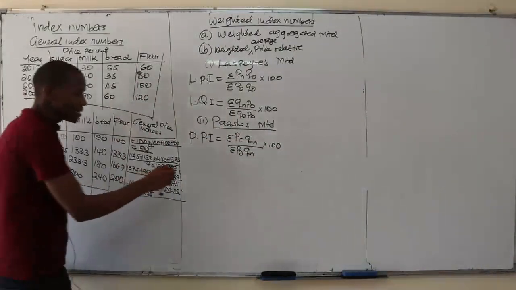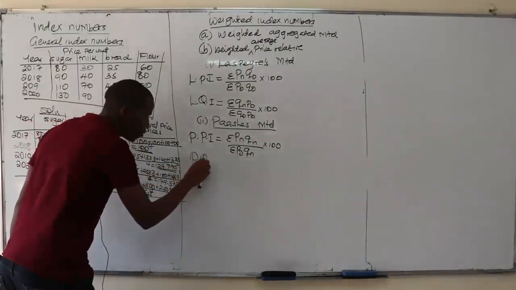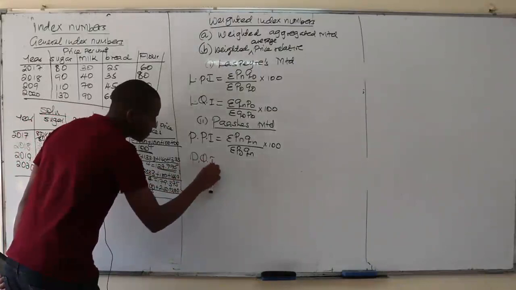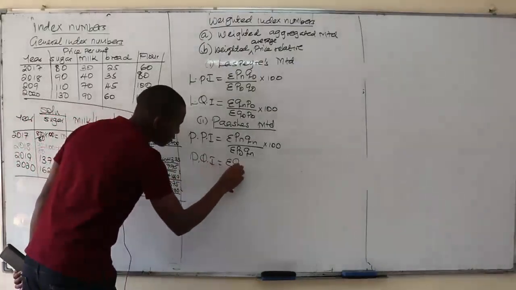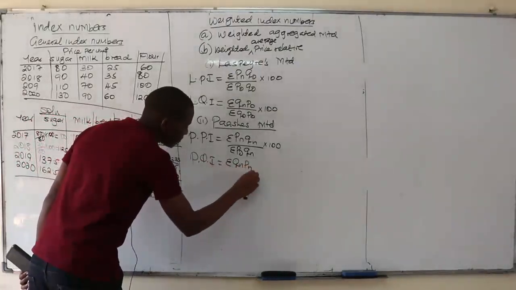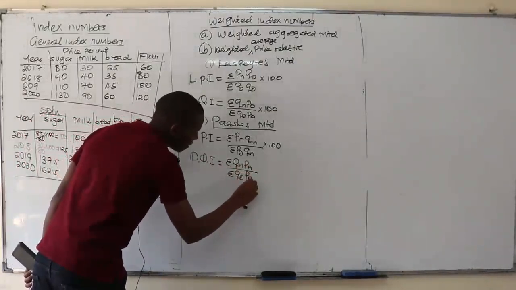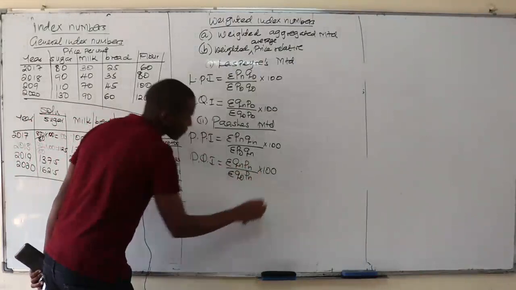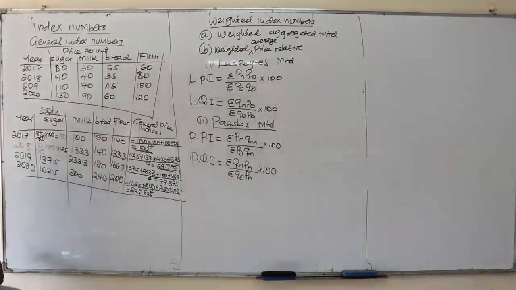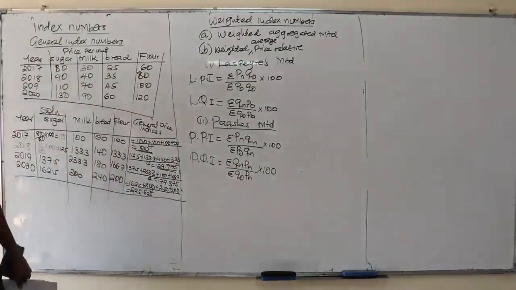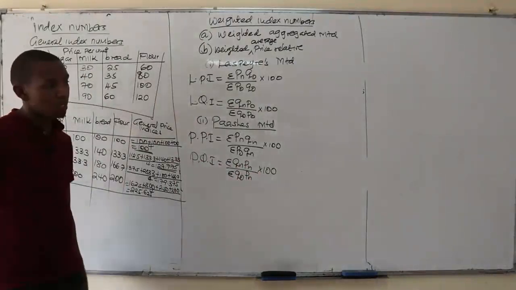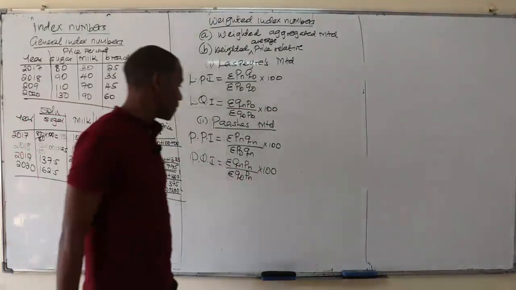Then if they ask you about the Paasche quantity index, it will be the summation of Qn Pn all over the summation of Qo Pn, and you multiply by 100.